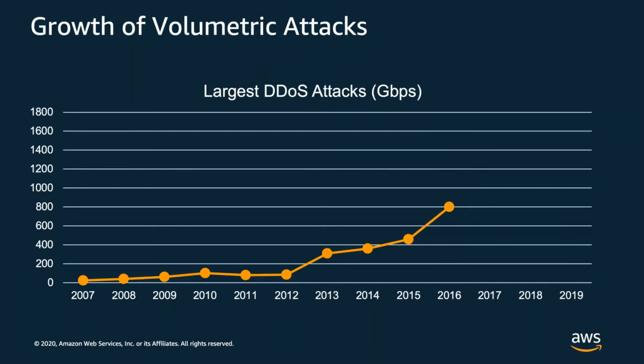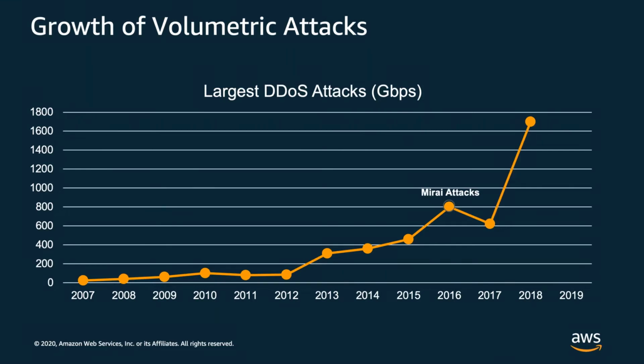Since AWS has launched EC2, we've been subject to DDoS attacks and observed this towards our infrastructure. Over the years, as network interface packet rates and throughputs increased, we also observed larger attacks towards our infrastructure. In 2016, we observed around 800 gigabits per second attacks, and this was caused by the Mirai botnets.